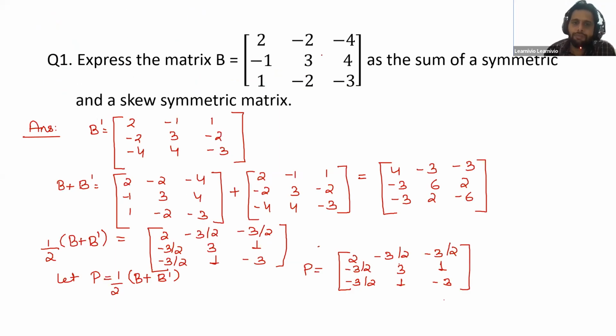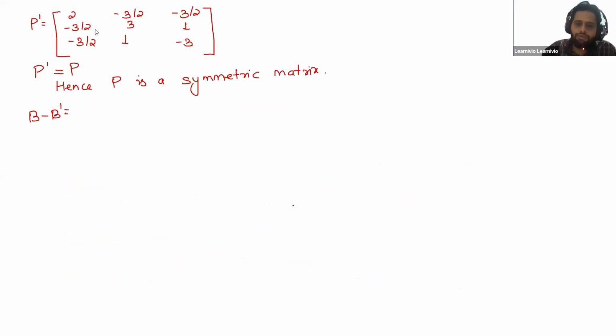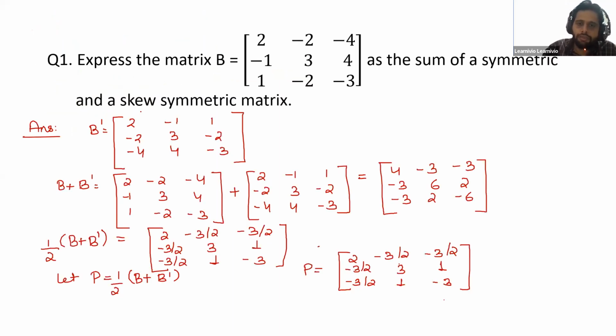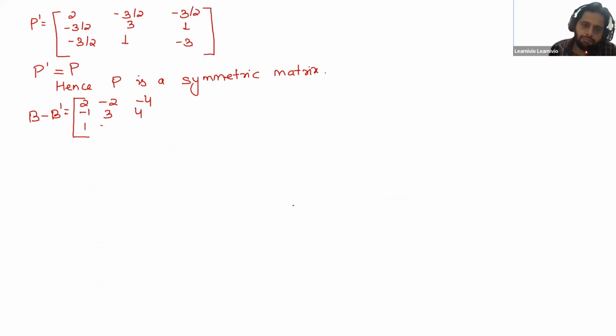Now what is B? B is 2, minus 2, 4; minus 1, 3, 4; 1, minus 2, minus 3.